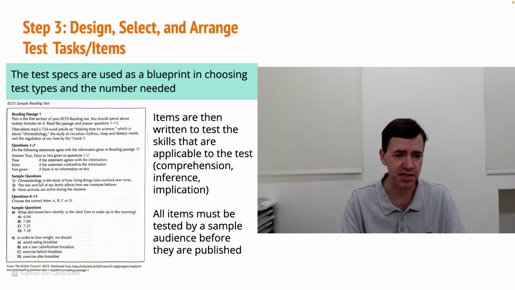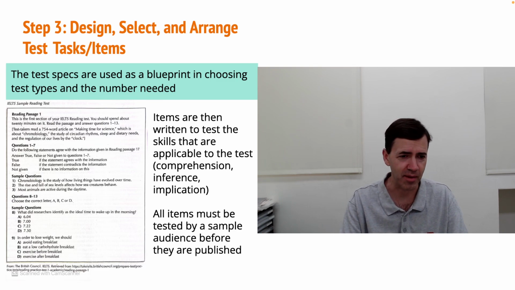So here's another example. This is an IELTS sample reading test, and I'll let you pause and go through it on your own, but you can see it talks about the reading passage, which is 754 words long, and it's on an article, Making Time for Science, and it's about chronobiology, which is the study of circadian rhythm, sleep, and dietary needs, okay, and so on.